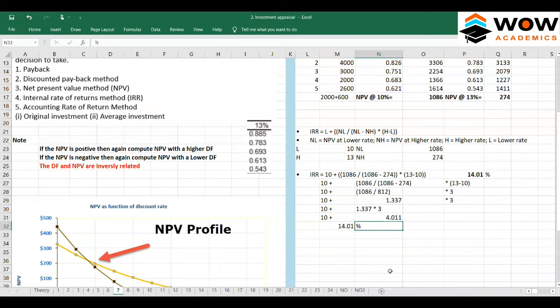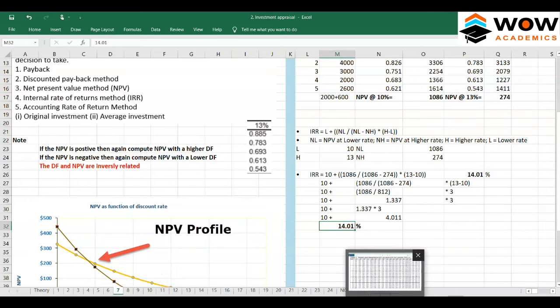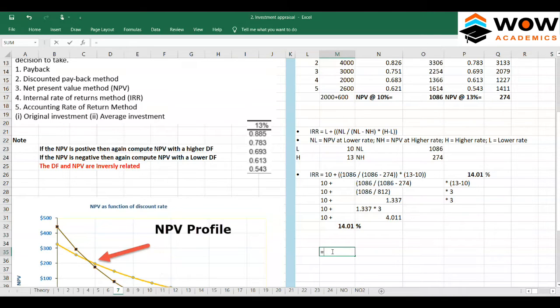So have you got this number exactly? This number which we solved through the Excel formula, we can also get through this approach. Actually, Excel has an inbuilt formula also for IRR. I think it has. It has, but we need some values.